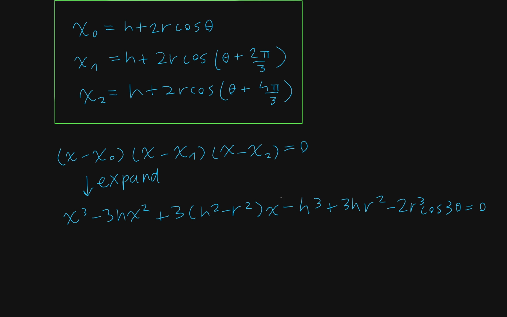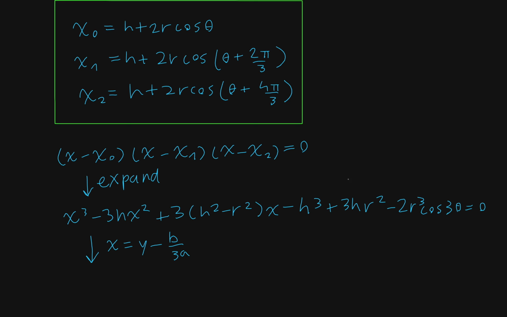Well, the real main problem that we don't like here is this h over here. First of all, that can be trivially found, it's the inflection point, negative b over 3a. What if there was a way to get rid of this x squared term, and everything here would simplify? So what we can do is substitute x equals y minus b over 3a. What we're essentially doing is undoing the shift from the inflection point.